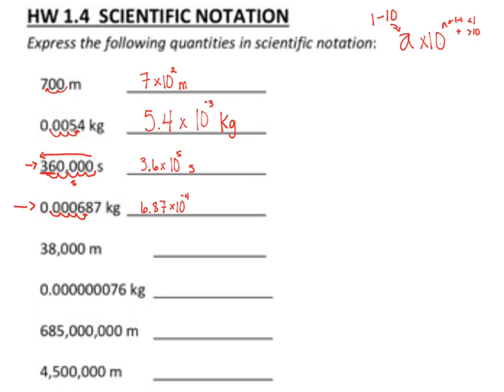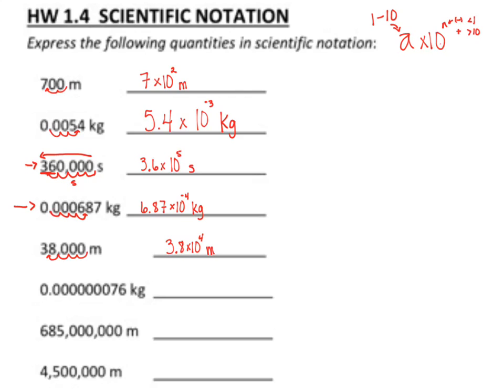My unit, kilograms. All right, next one we have 38,000 meters. 1, 2, 3, 4, because I want this number to be 3.8 times 10 to the 4th, and my unit is meters.